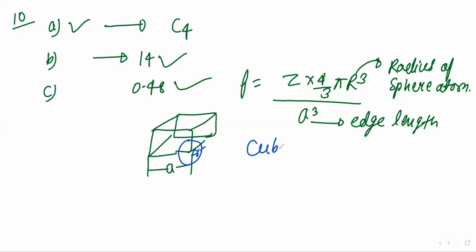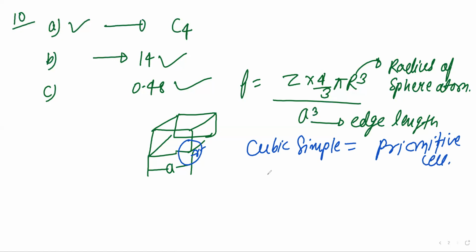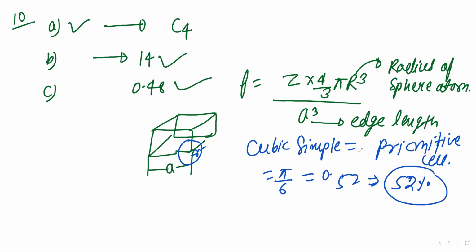So the efficiency of packing in simple cubic, or cubic simple, which is also called a primitive cell, will be equal to pi upon 6. So it comes out as 0.52. It means 52% space we occupy in simple cubic, right?